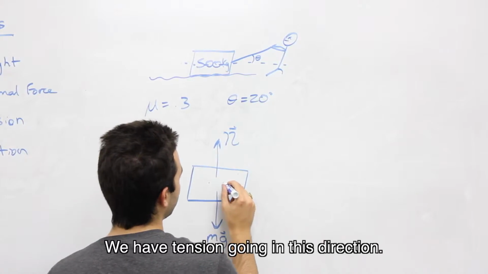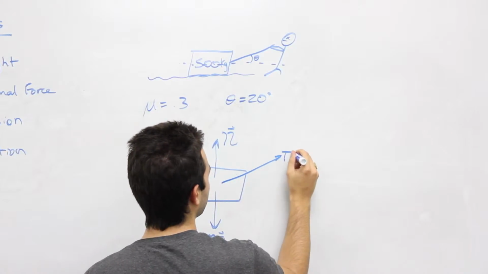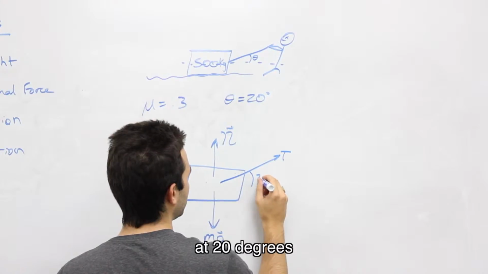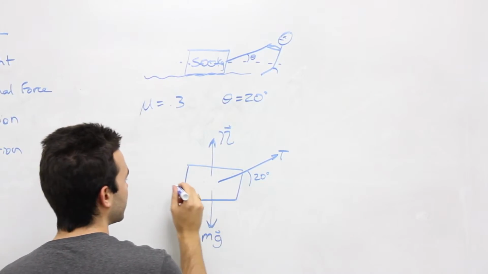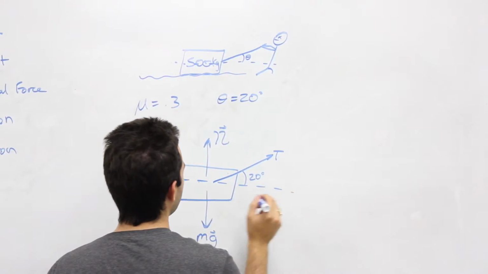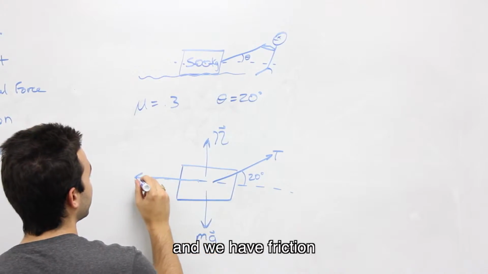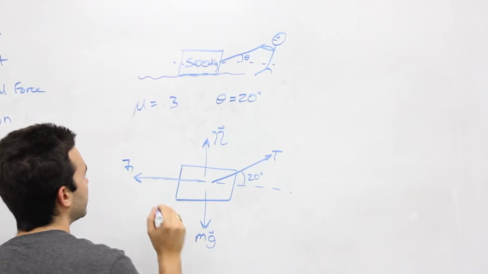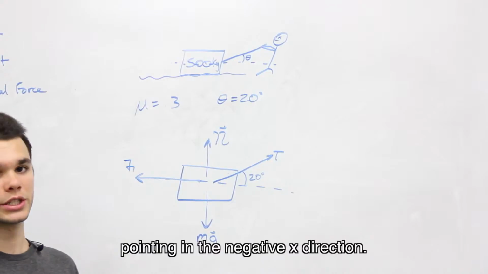We have tension going in this direction at 20 degrees. And we have friction pointing in the negative x direction.